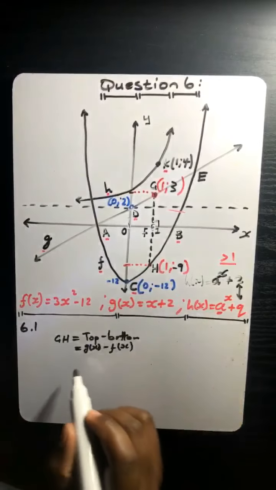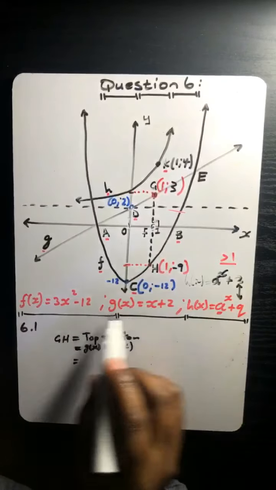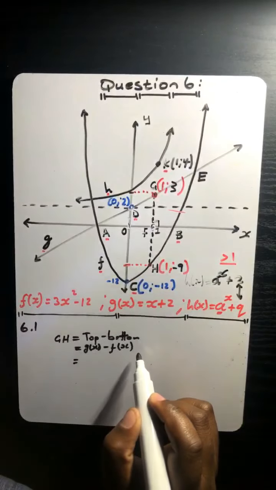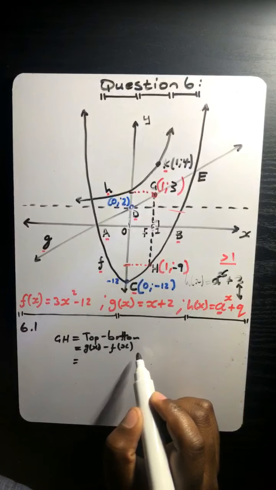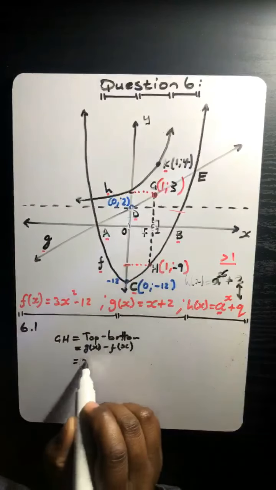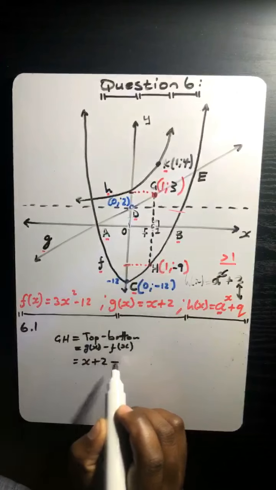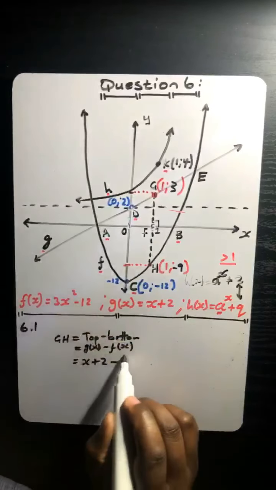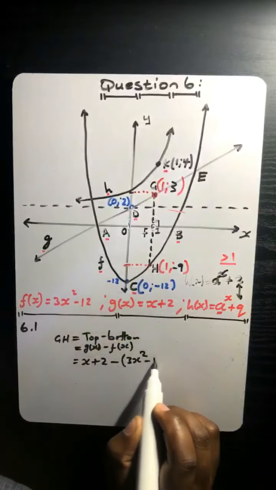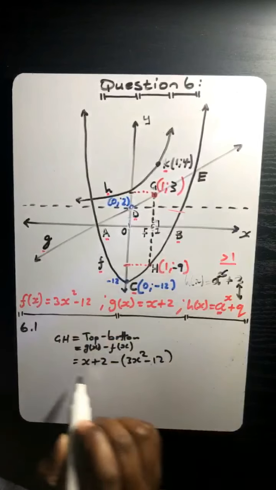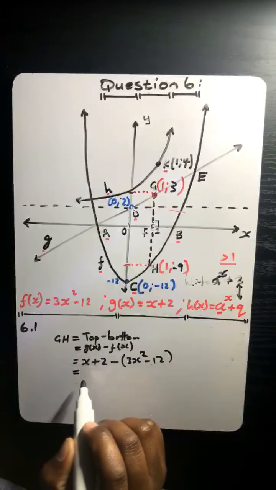So that means we're going to say which one is which, guys? So g is this one of x plus 2, then you minus the whole of that. Inside the brackets, it's 3x squared minus 12. Be careful to put it inside the brackets. If you don't, it might be wrong.